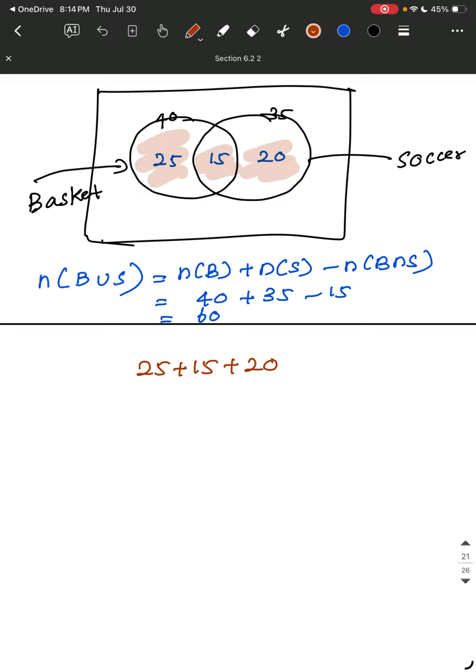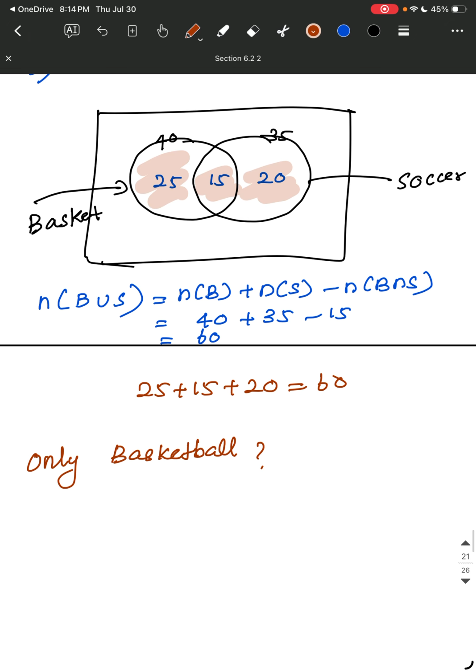Right. Then question number 2, how many like only basketball? It is easy to read only basketball within the Venn diagram. So you can read the only basketball space here. So the number of entries in only basketball equals 25.